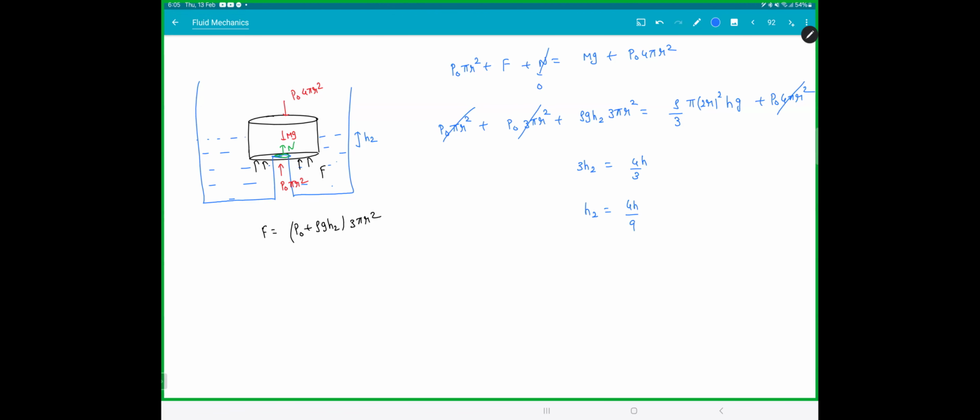Easy? Clear with this? Any doubts on this?